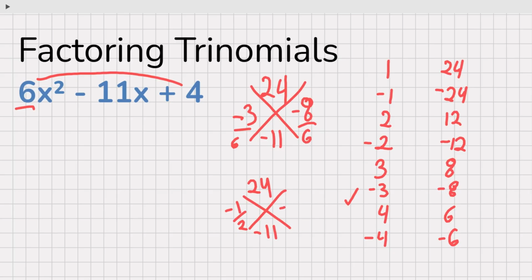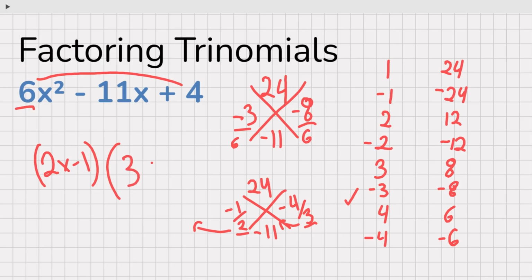Well, that'll be negative 1 over 2. And negative 8 over 6 will be negative 4 over 3. Normally we would say x minus 1/2, but we take this bottom number, and that is going to be the coefficient for our x. So this will be 2x minus 1. Notice where we got the 2 in the denominator, and we put it right in front. We slid that in front of the x. And so we have 2x minus 1 as well as 3x minus 4.